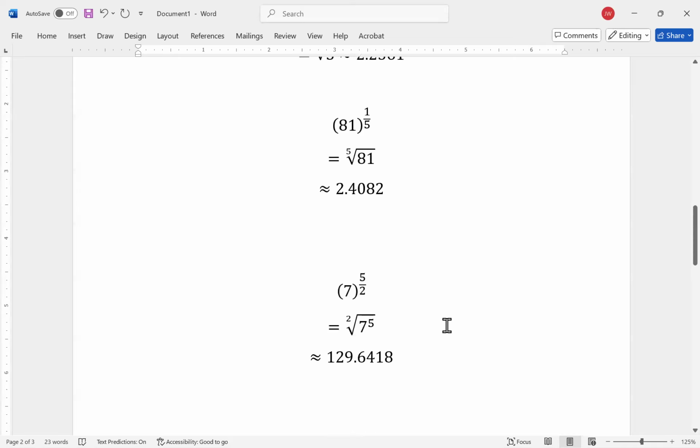So anytime I can write my exponent as an improper fraction, then I can use roots to calculate. A lot of times I might get irrational numbers as the answer because a lot of numbers like 7 don't have nice square roots, or 81 does not have a nice 5th root, or 5 doesn't have a nice square root either.